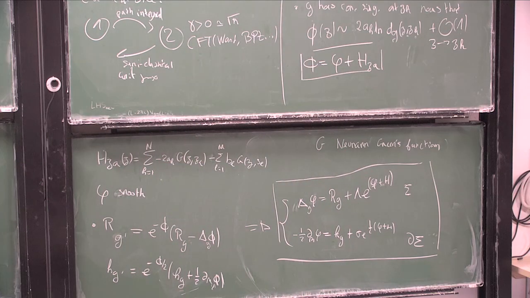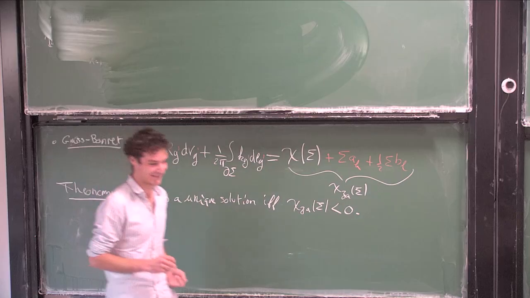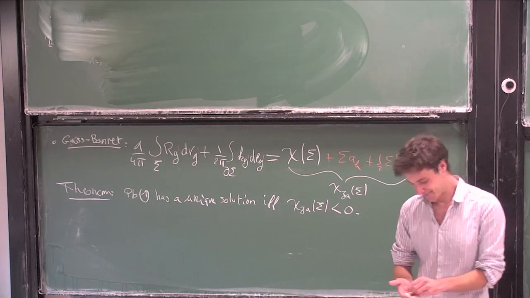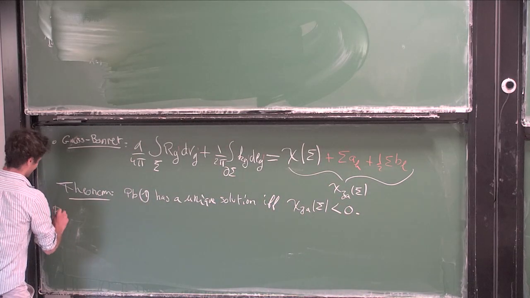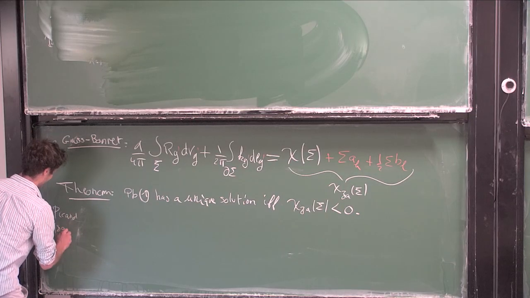This is a problem that was asked a long time ago. And that was answered by Picard in 1890. So I think the first answer to this problem is due to Picard.